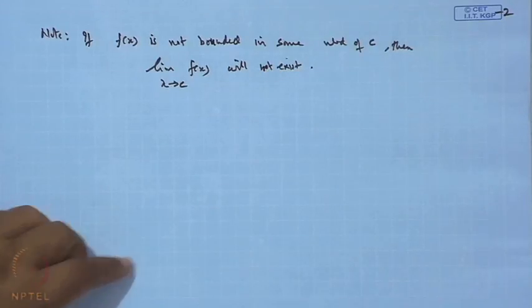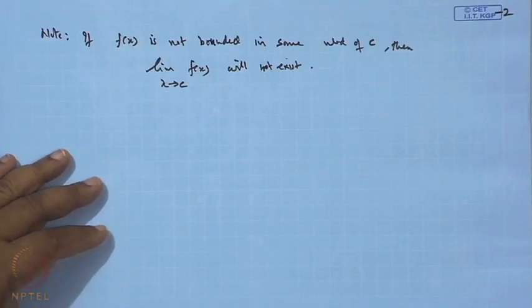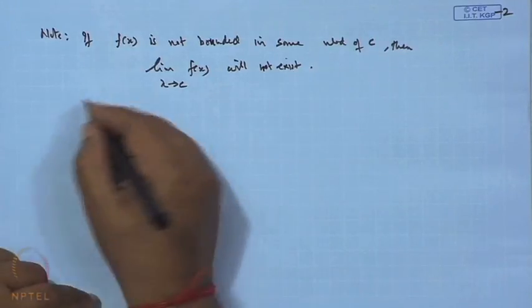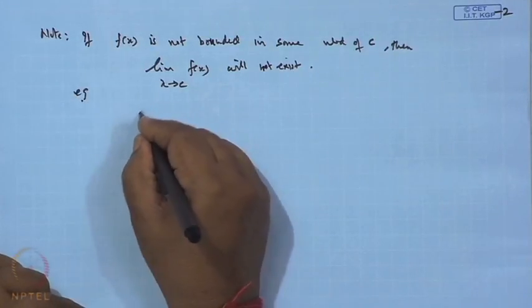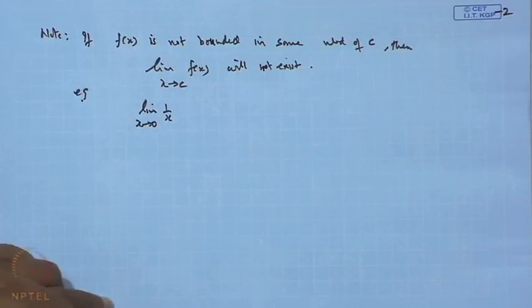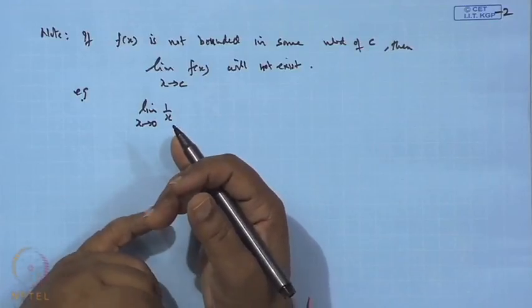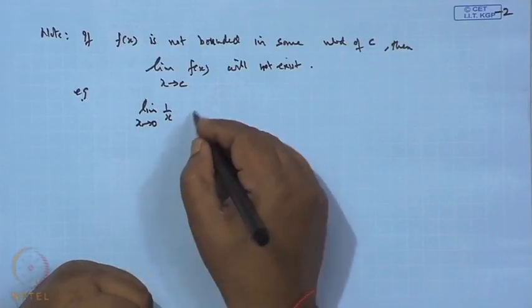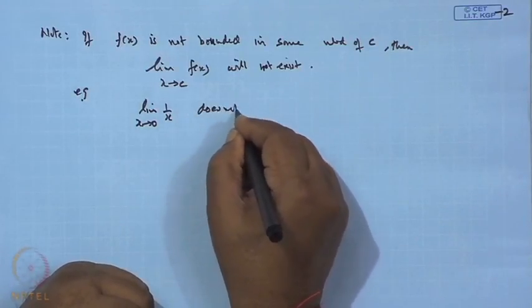That is clear. The reason is, for example, if we take the limit of 1 by x when x tends to 0. Suppose I wanted to know whether the limit exists or not. This limit does not exist. Why?